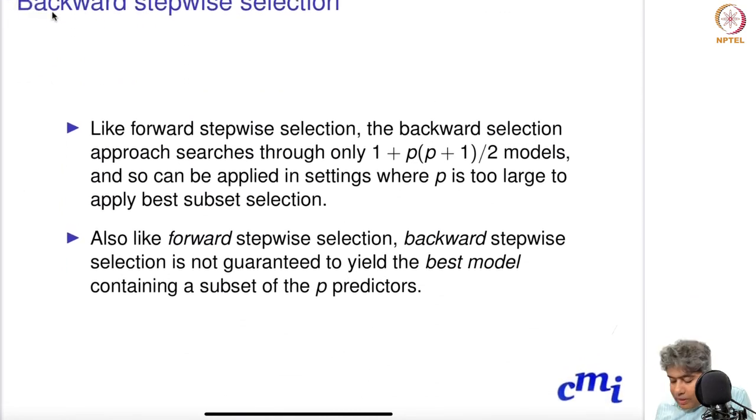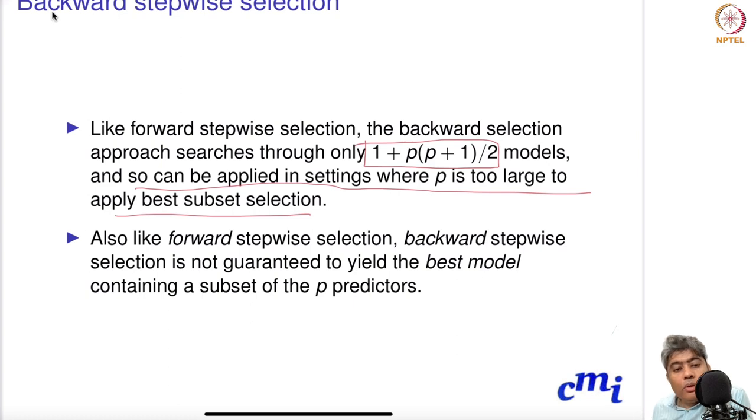Like forward stepwise, backward stepwise also searches through only 1 plus p times p plus 1 by 2 models. So it can be applied in settings where p is very large, unlike best subset selection.